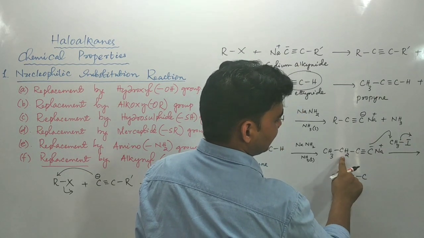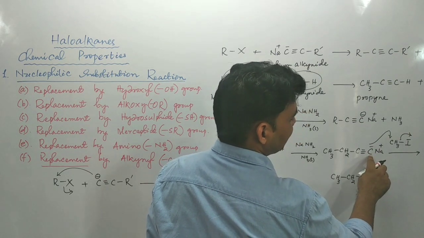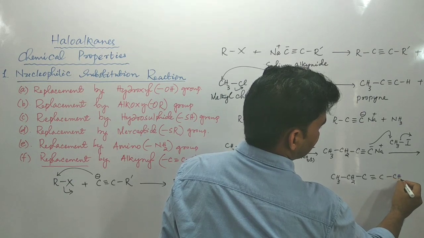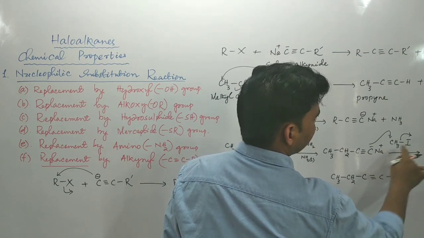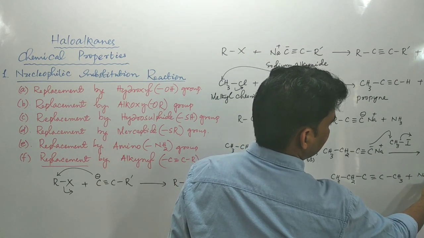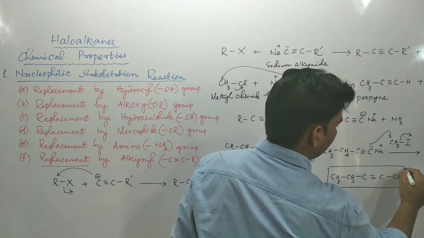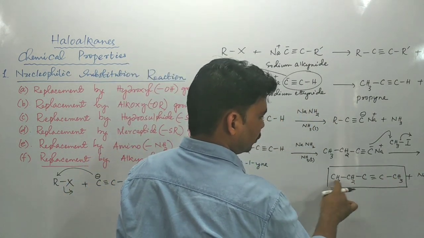CH3CH2C≡C, and this C is now bonded to the CH3 group of CH3I, plus the side product Na+ and I-, they will give rise to NaI. So this is the alkyne formed. Which alkyne? How many carbons? 1, 2, 3, 4, 5.